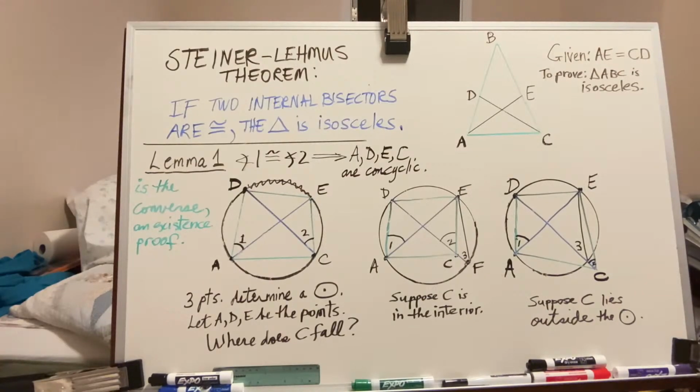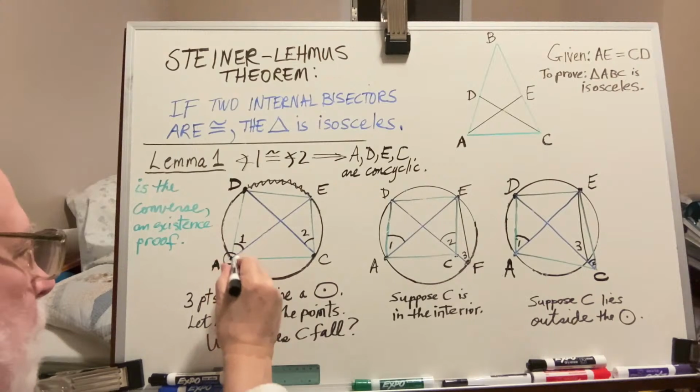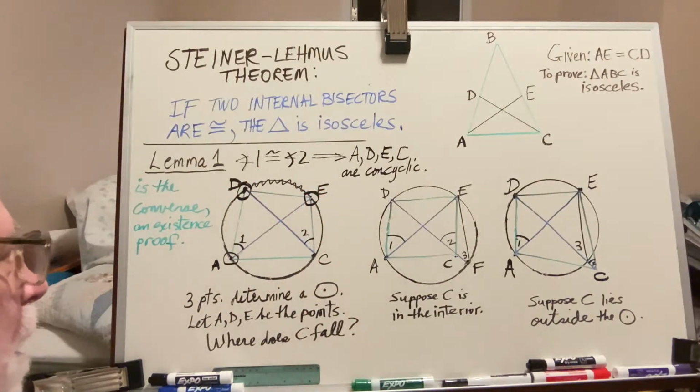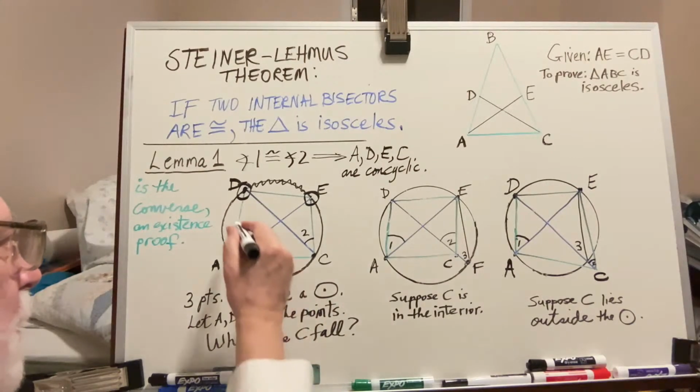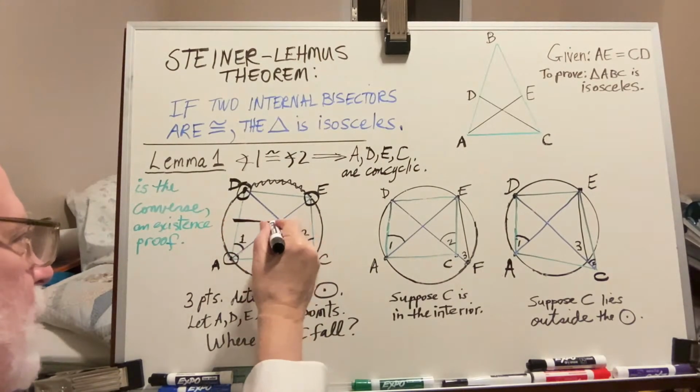And so first off here, we know that 3 points determine a circle. And if we want to find the center of that circle, what we're going to do is bisect the chords that are between these points.